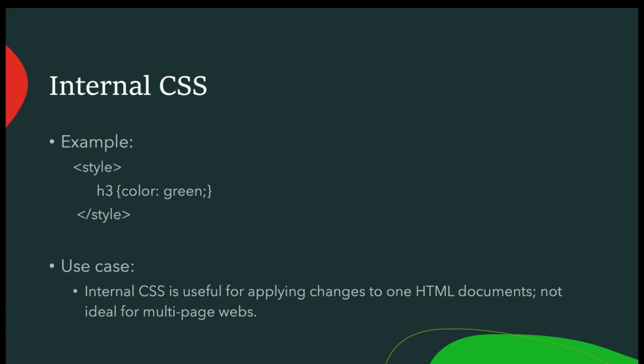So if you have a multi-page website, then you're kind of stuck. You have to repeat the changes for different pages manually. So again, if you have a multi-page website, this probably is not for you. But if it's a one-page thing, then be my guest and enjoy this method.